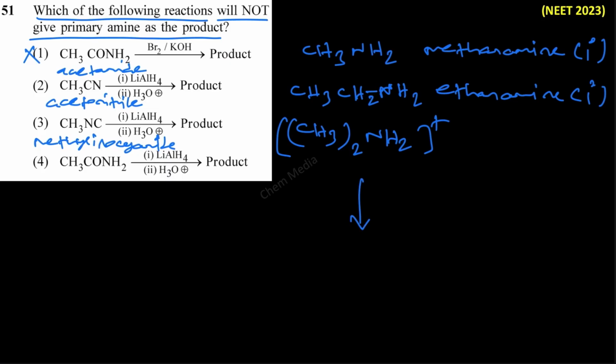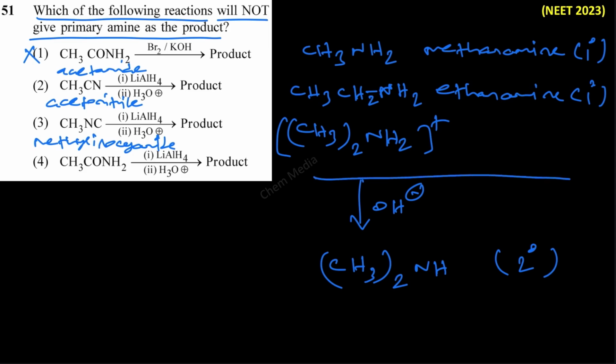Only if we do basic neutralization, if we treat the dimethyl ammonium salt with the base, then we can get dimethylamine. But dimethylamine is a secondary amine because the nitrogen is directly connected to 2 methyl groups, 2 carbons. So, therefore, that is a secondary amine.